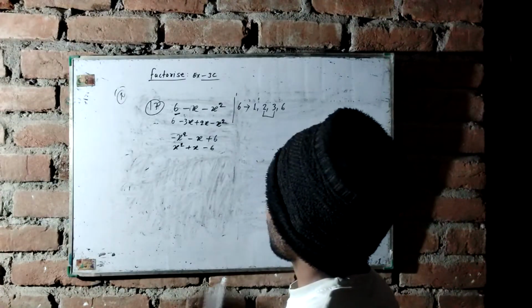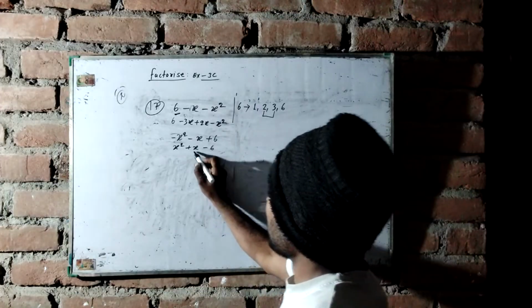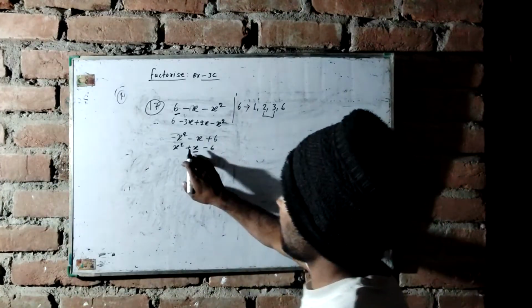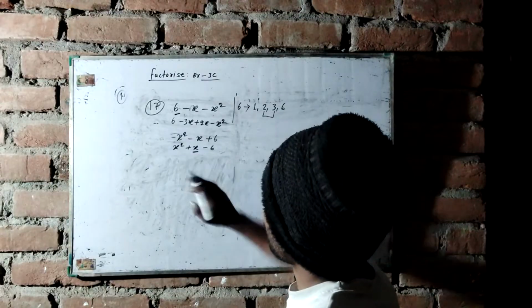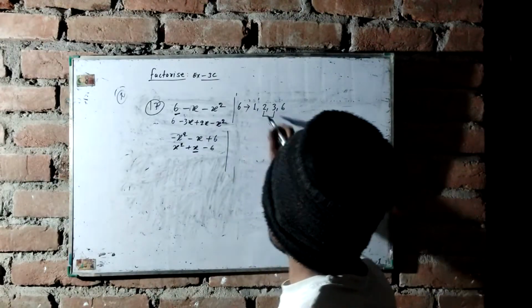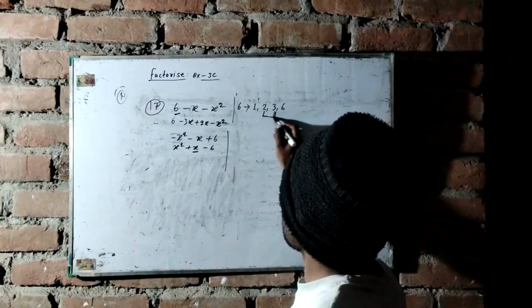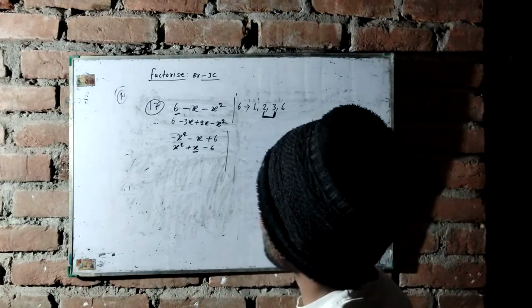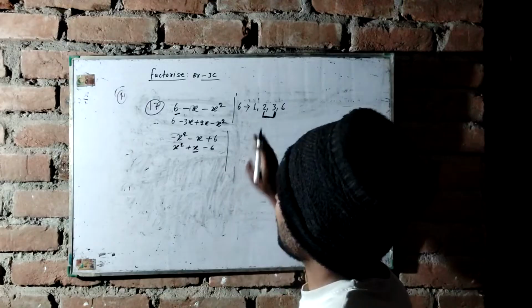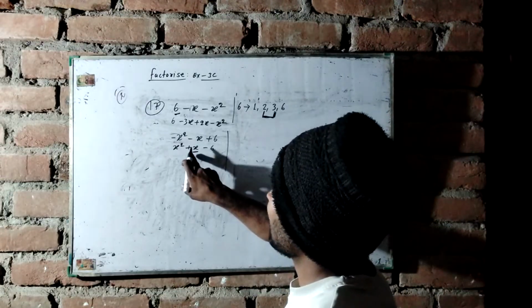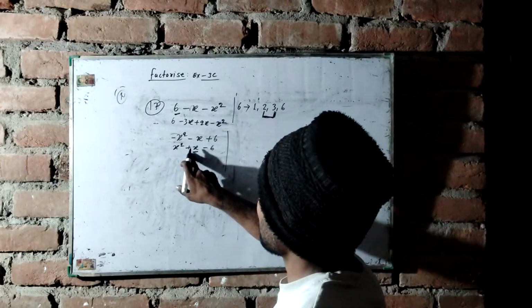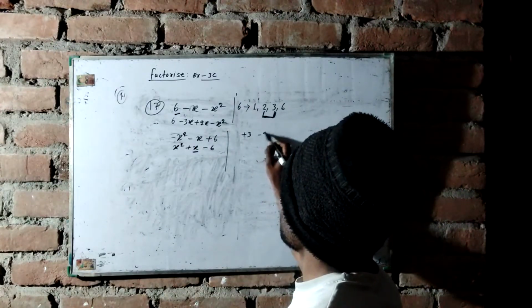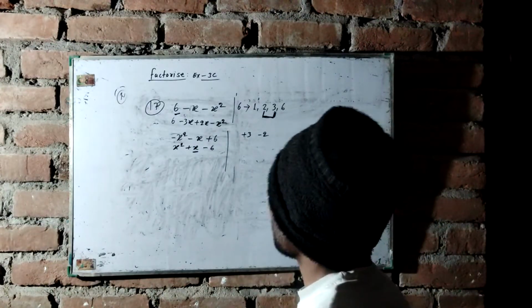Now here we have positive x, so we need to take these two numbers, one with a positive sign and the other with a negative sign. But we need plus x, so we need the plus sign with the greater number and the minus sign with the smaller number.